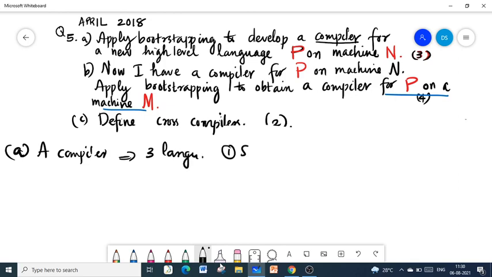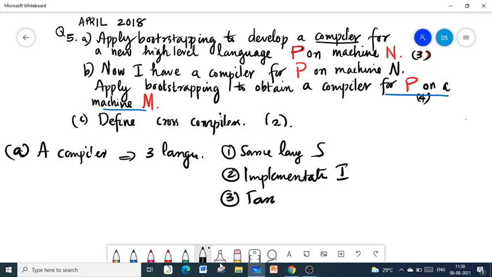They are source language, implementation language, and third one, target language. So you can always represent a compiler by means of a T diagram. It is given as S, I, T.